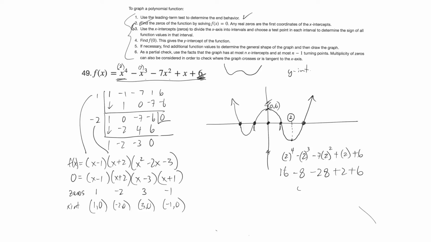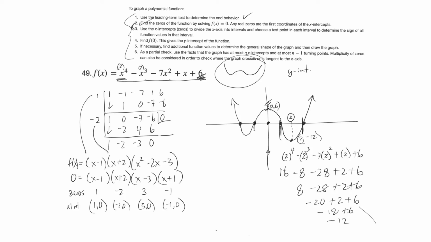So 16 minus 8 is 8. 8 minus 28 is negative 20, plus 2, plus 6. That'd be minus 18, plus 6, that'd be minus 12. So that point right down there will be 2 and minus 12. That sort of confirms that within this interval the graph should be negative, and if I knew the general flow of the graph, I sort of knew that's where it would be.